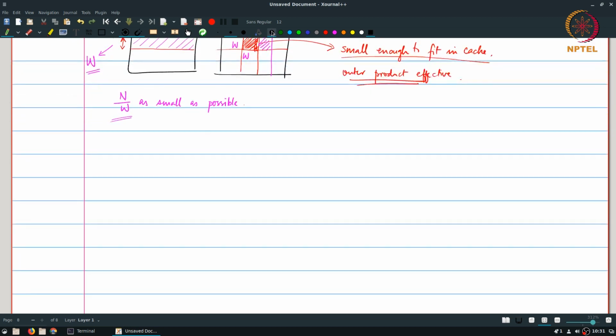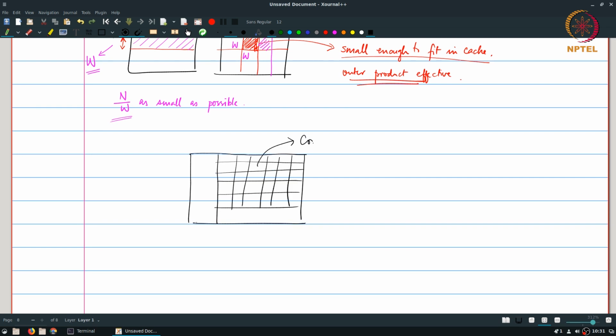How does a system like a GPU make use of something of this sort? The architecture of a GPU is precisely suited to something like this. Basically, what we have over there is a large number of processing cores and we have shared cache memory or cache blocks.